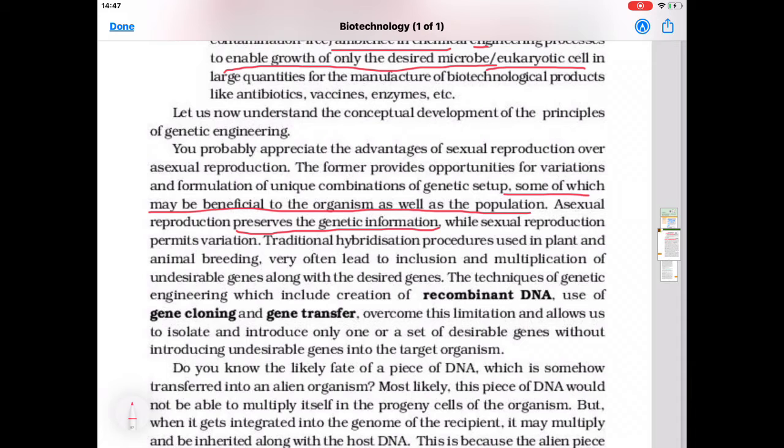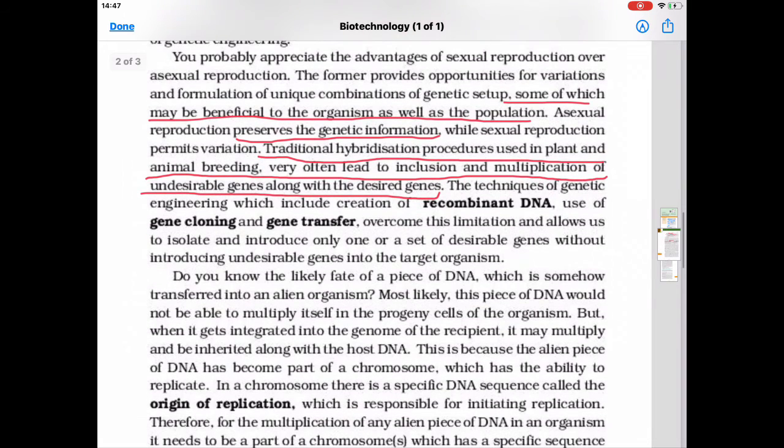Traditional hybridization procedures used in plant and animal breeding very often lead to inclusion and multiplication of undesirable genes along with the desired genes. Under natural conditions, sometimes some undesirable genes also come along with the desired genes.